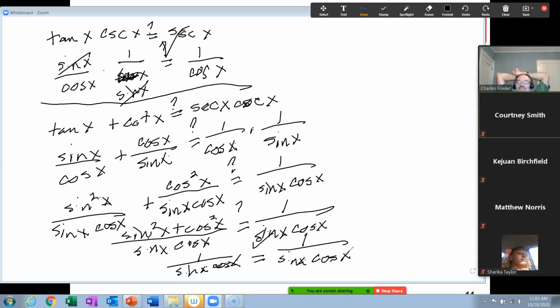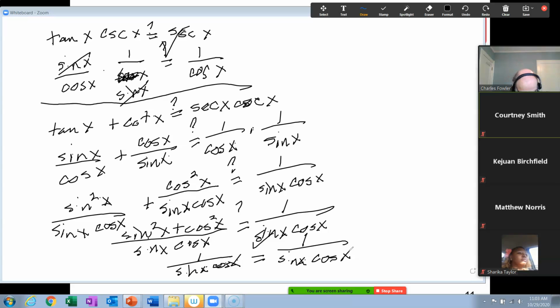So, once you do enough of these, try different things, see what works. Usually if you have a bunch of squares, try Pythagorean identities. If you don't have any squares, try getting them into sines and cosines. Fiddle around with them until you see something that will work.